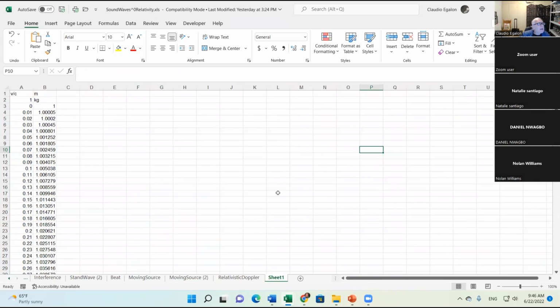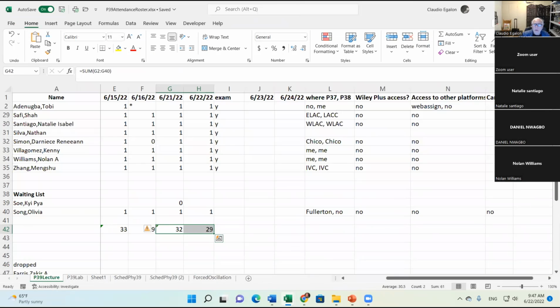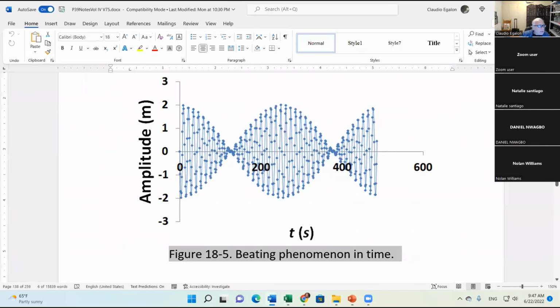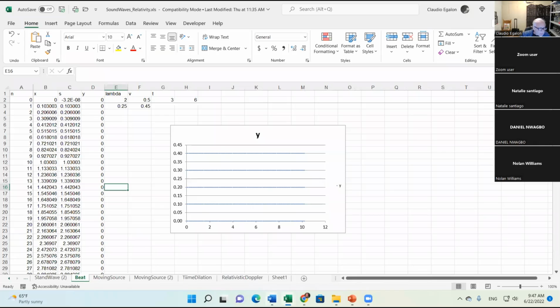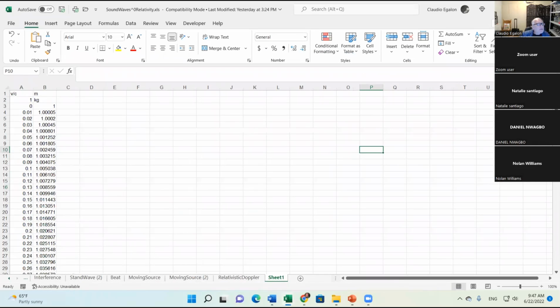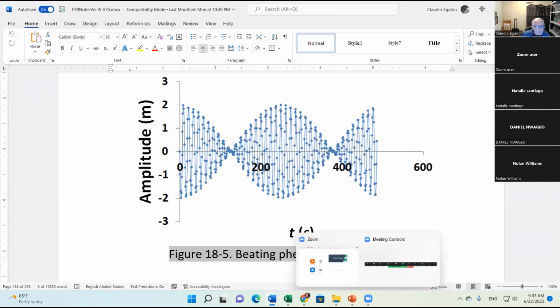Not this one because relativistic. Let's see here. Let's see, P39. Attendance. Let's see this one. Maybe it's in another spreadsheet of mine.